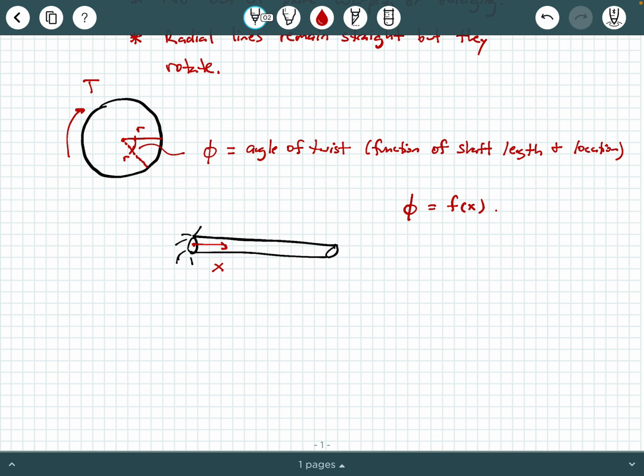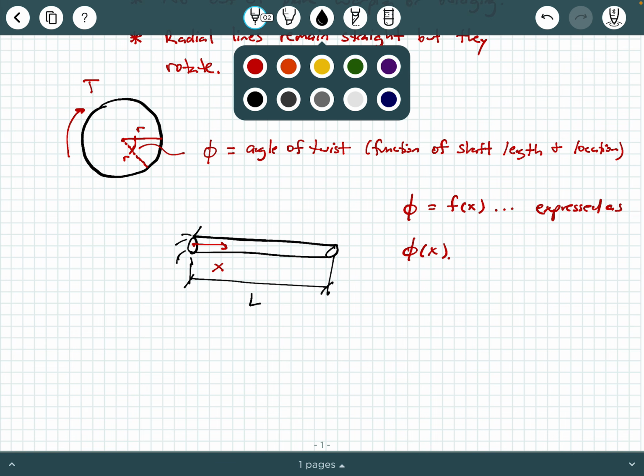So we typically express phi as a function of x, okay? And this would be if you also have a total shaft length of L, okay? So again, this is meant to be kind of like a three-dimensional sketch of a shaft with a circular cross section, all right?